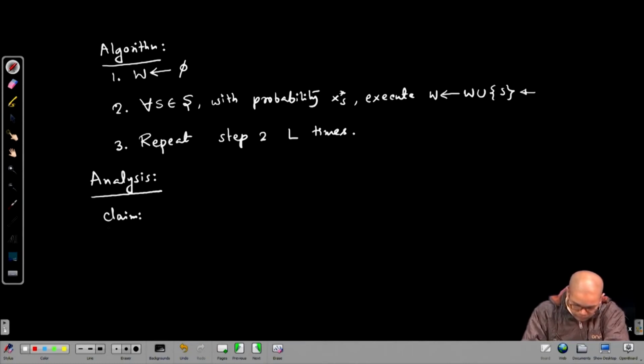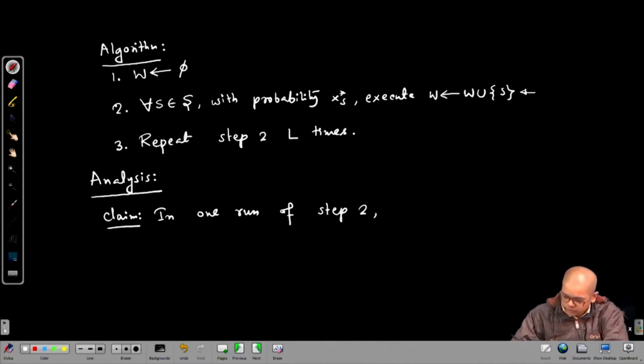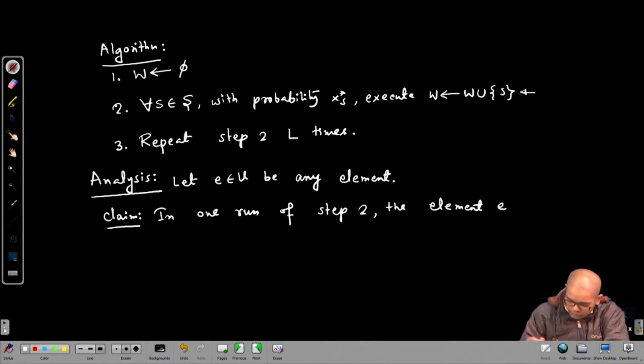In one run of step 2, let e be any element, or let us call it a, because this will come in the analysis also.